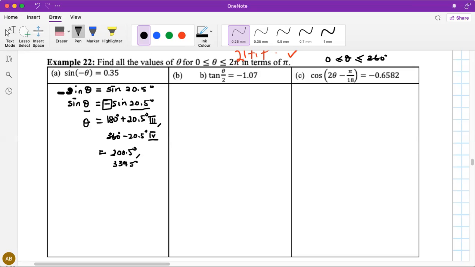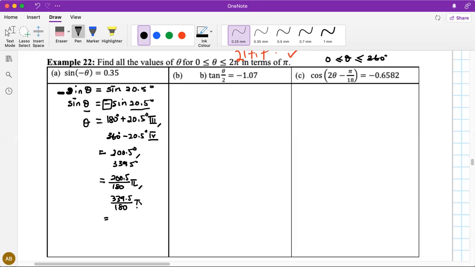You can check that theta is between 0 and 360. Now we can convert into pi. How to convert into pi? We just do like this: 200.5 divided by 180 pi, and 339.5 over 180 pi.